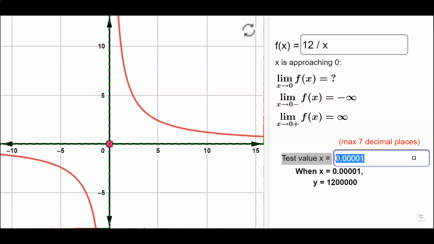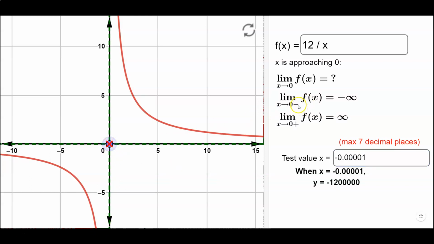So if I got really close to 0 on the left, like negative 0.000001, look what happens to the y value. It's really negative, big time, negative 1,200,000.